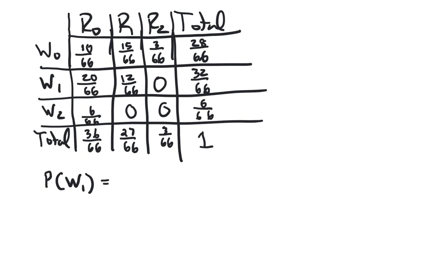We just look in our total column. So here is one white marble. Here are the conditions on how many red marbles we have, but we don't really care about that. So it is just 32 out of 66. So it's the total column for white 1. So the probability that we draw one white marble, and 33 out of 66 is a half. So this is just less than a half.